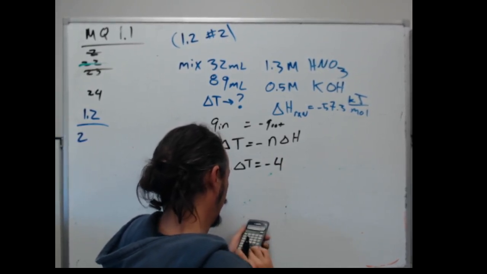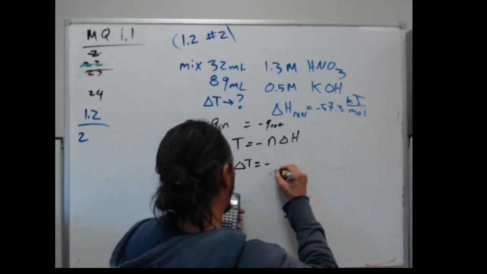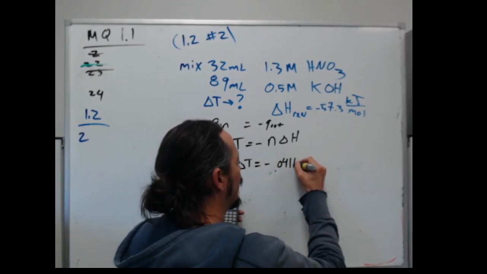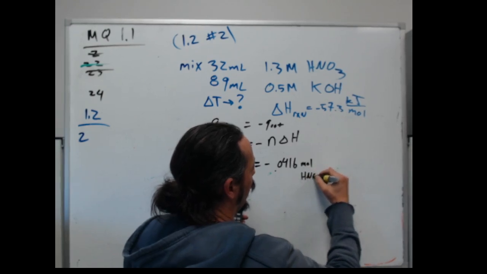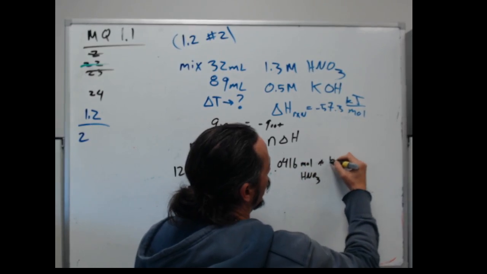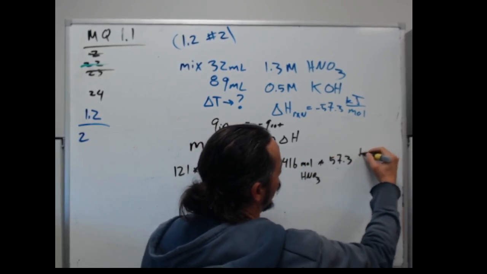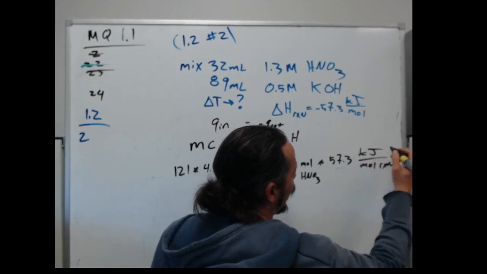Divided by 1,000, it's going to be 0.0416 moles HNO3 times 57.3 kilojoules per mole reaction.